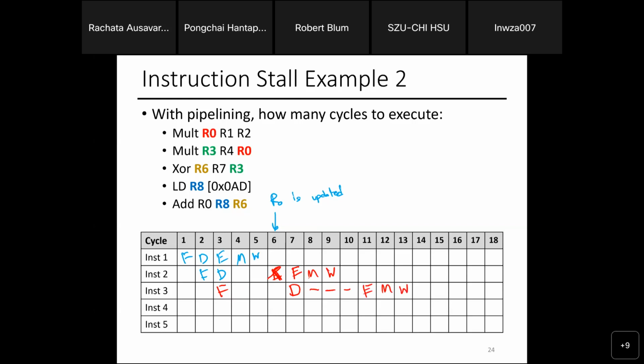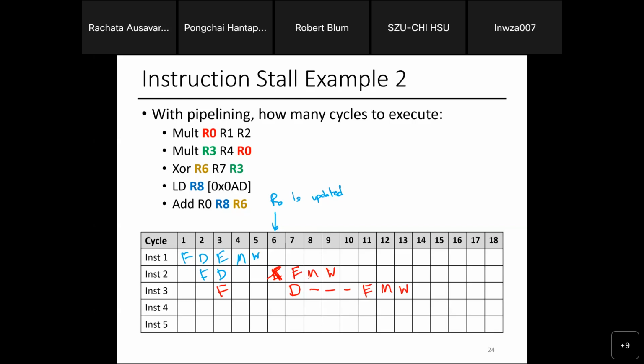Why can't I go to the execute? If I want to go into the execute stage at cycle number 6, it means that by cycle number 5, decoding is done. Basically, by the end of cycle number 5, the value of R0 needs to be in the buffer of the pipeline register already, because I have to clock to go from 5 to 6.